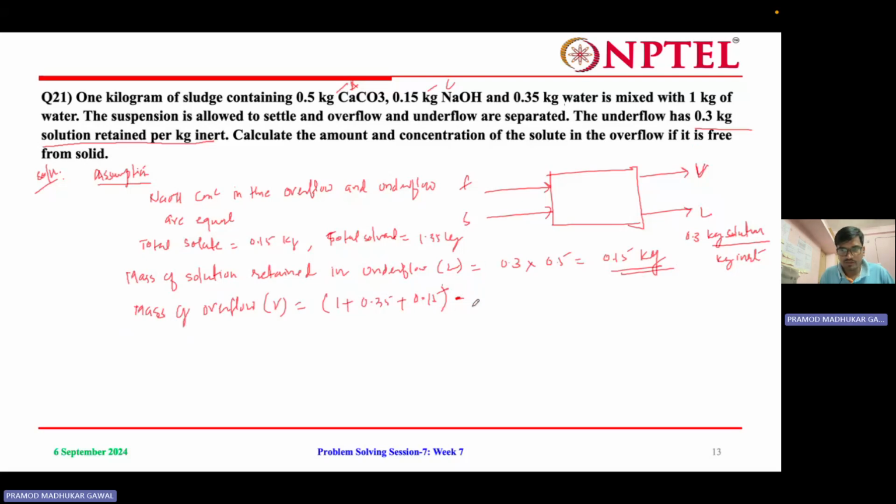Minus this one 0.15, that is 1.35 kg. This is the mass of the overflow.